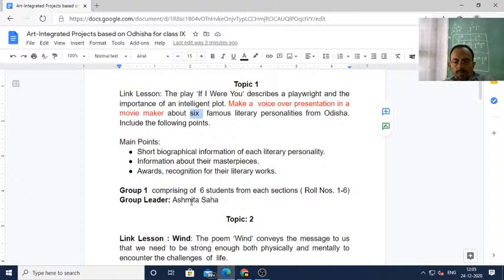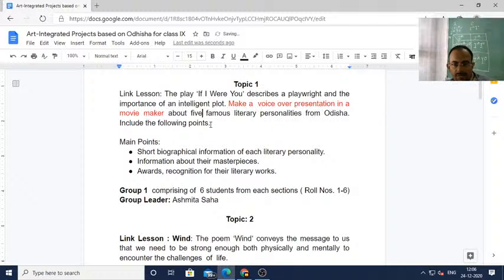See who is good at movie making. That person should take up this work, and the rest of the five students should contribute.